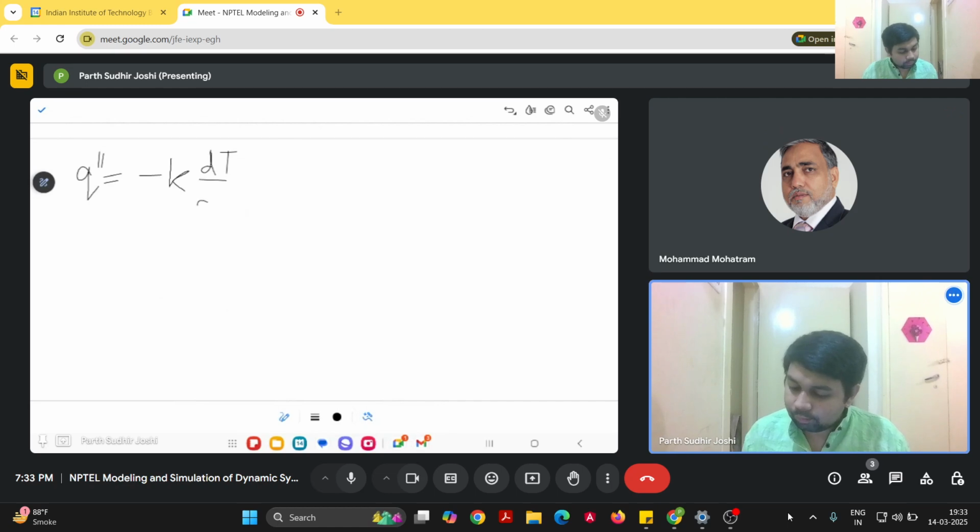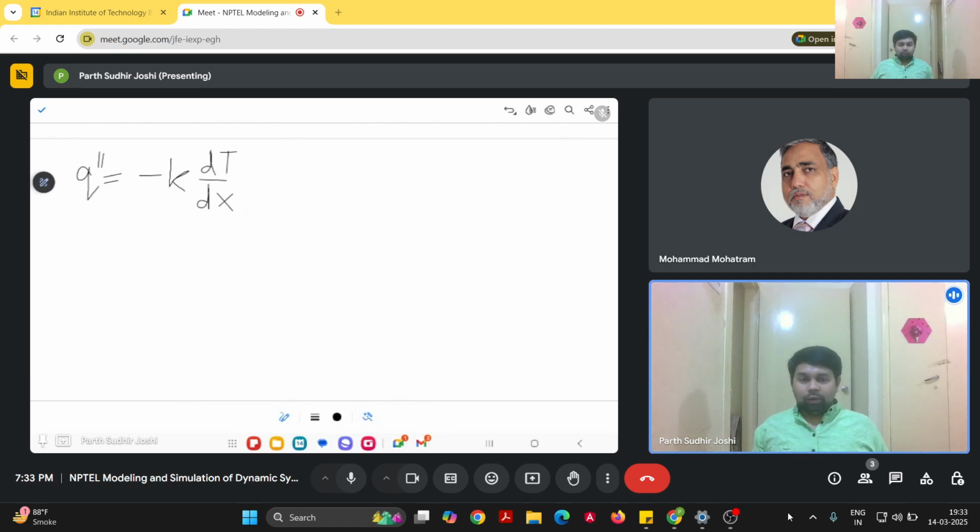As we know that heat flows from higher temperature to lower temperature, so it's actually flowing opposite to the direction of temperature gradient. So that's why we have the minus sign.